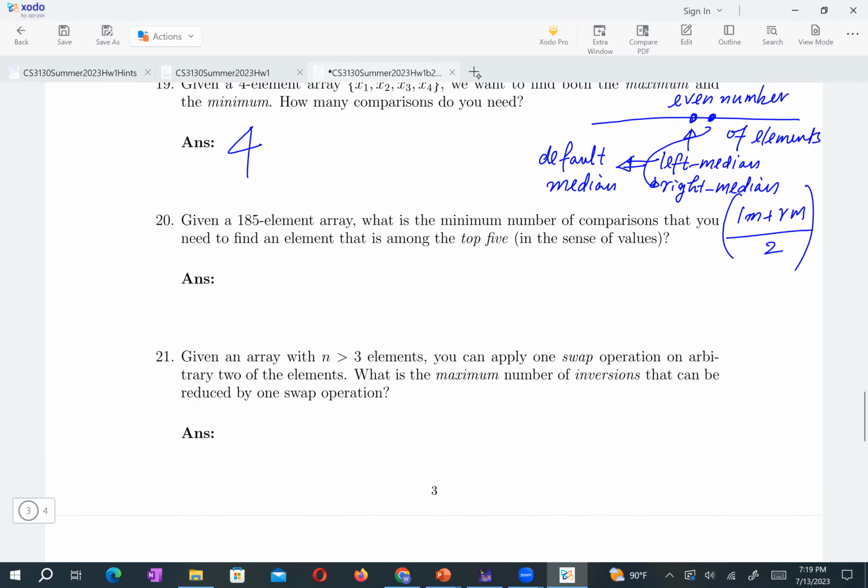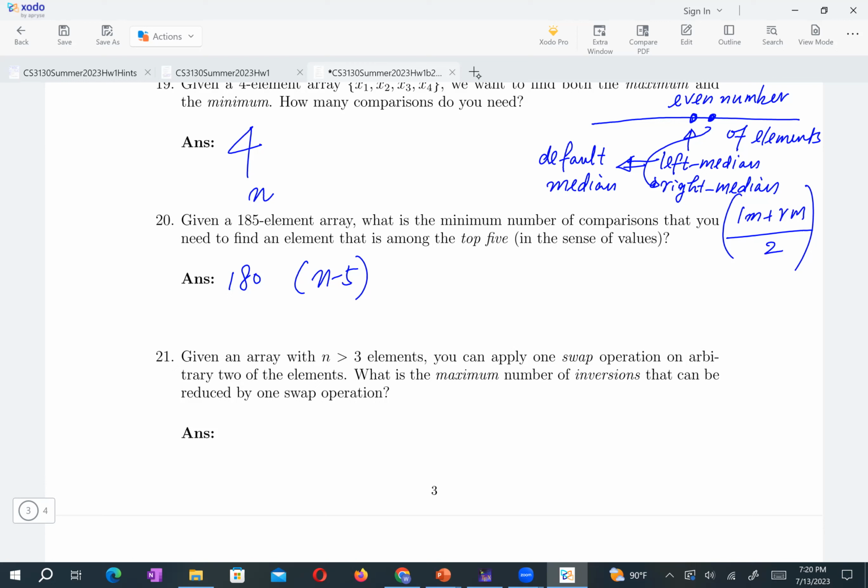Here, number 20, the answer is 180. Actually n minus 5. But I need to explain this one a little more, because some students put the number here by analogy, not by logical reasoning.